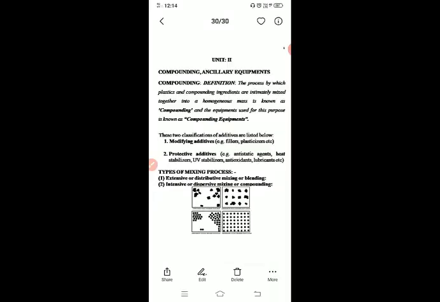First, we are going to discuss compounding equipments. Before going to see what is the construction and what are the applications of these compounding equipments, first we will discuss what is compounding. Actually, many plastics are useless alone. Just after polymerization, they don't even have any colors.